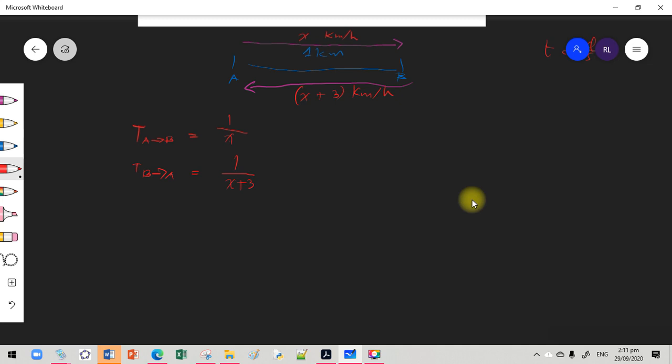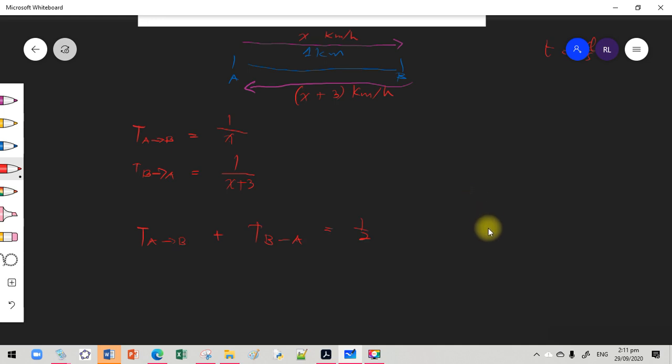Therefore, T sub A to B is greater than T sub B to A. So T sub A to B plus T sub B to A, because it says total time, is just 0.5 hour or 1 half.